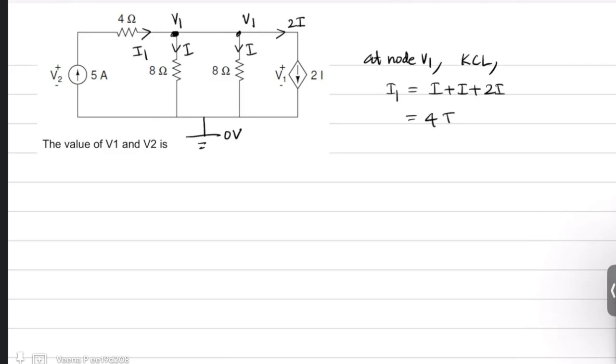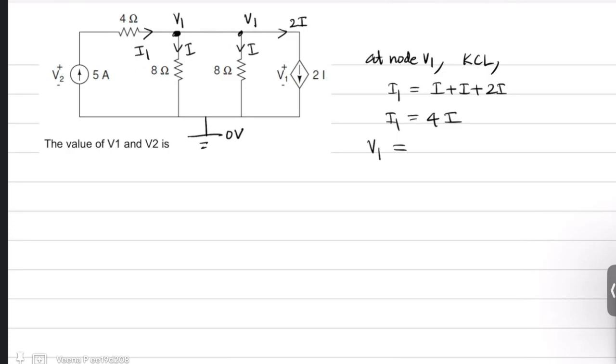So this becomes 4I. Now, V1 is the potential across 8 ohm, which is given by 8 times I, because I is the current through 8 ohm.